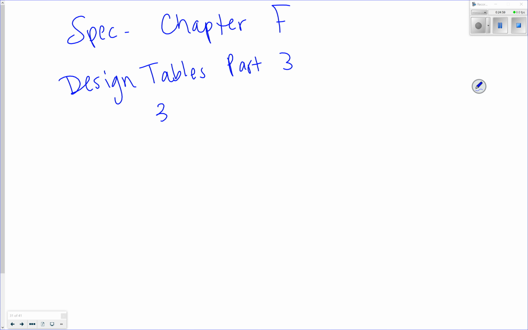Table 3-1 has the Cb values. Table 3-2, I get to select by my plastic section modulus. Also, I can use that if I want to calculate my design.